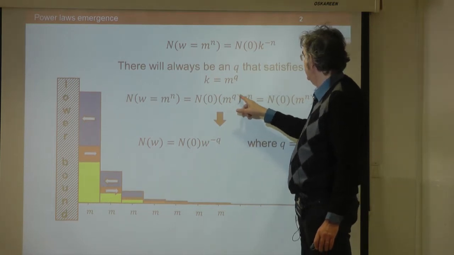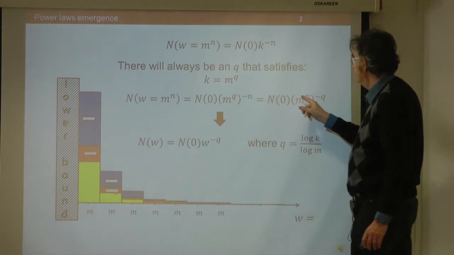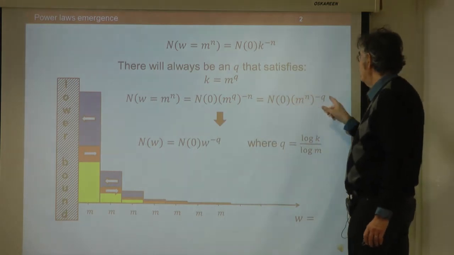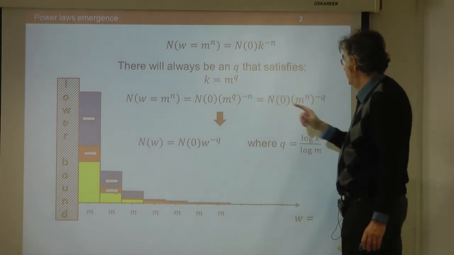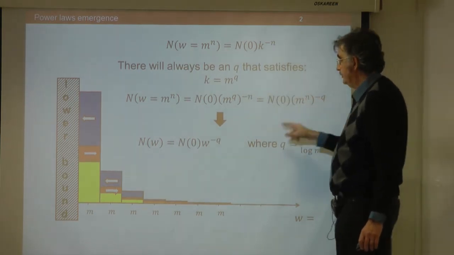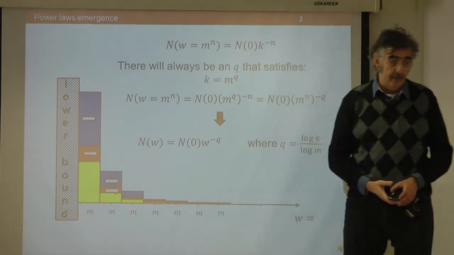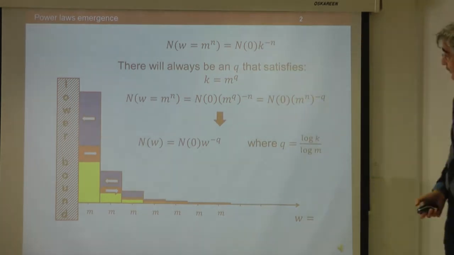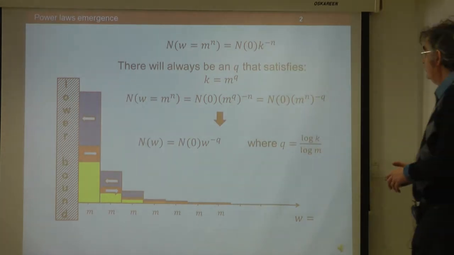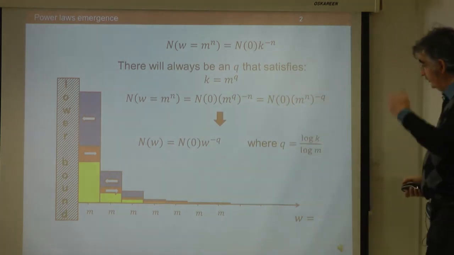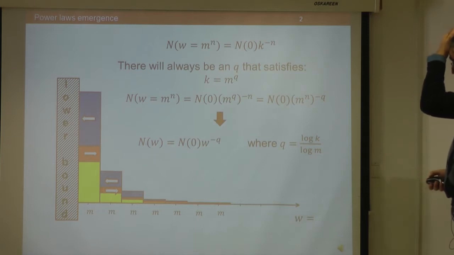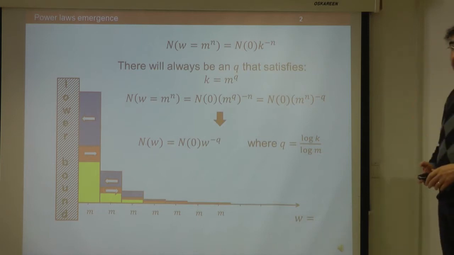Together they are m to the minus qn, but this is equal to m to the n to the minus q, and m to the n is W, and therefore it is W to the minus q, and this is how we got it. Last time I skipped some of these trivial steps, and we lost some minutes to clarify this. I hope that now it is clear.